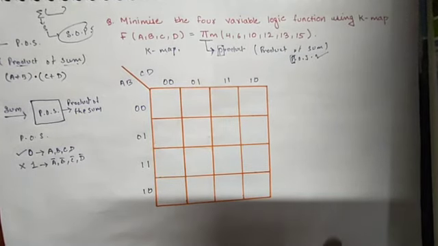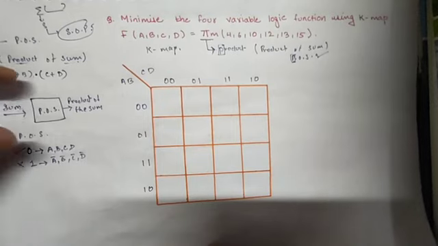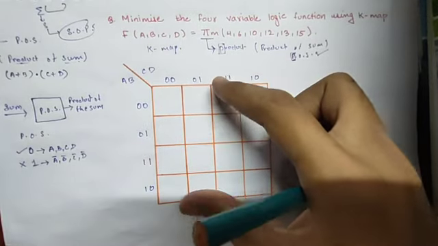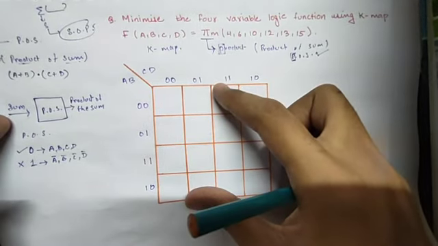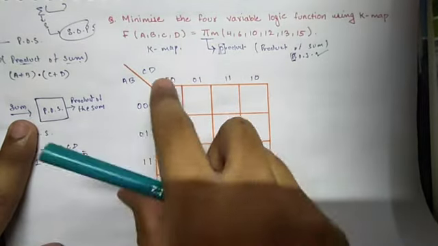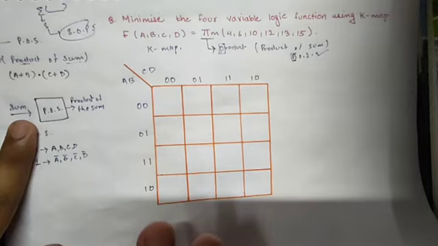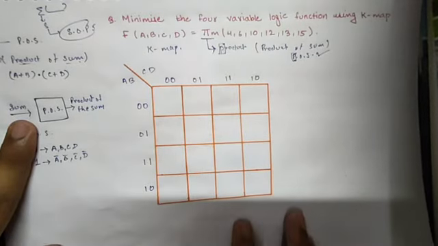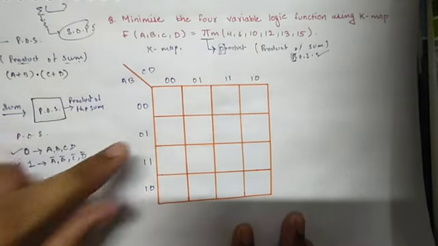And as I have already told you, this map is a machine in which we need to enter the sum so that we can get the product of the sum. It will simplify the expression.